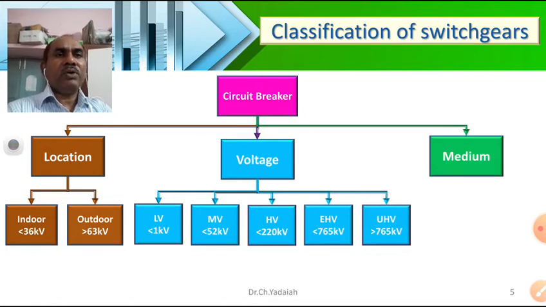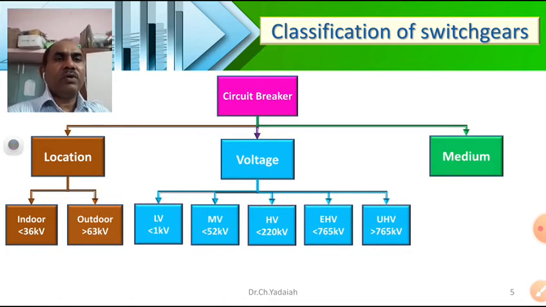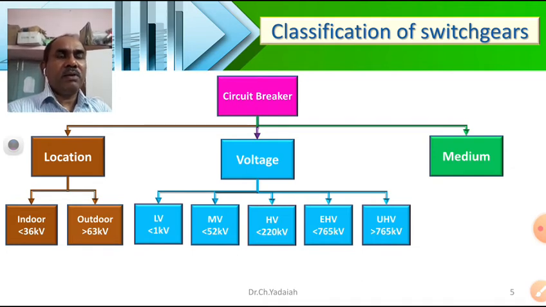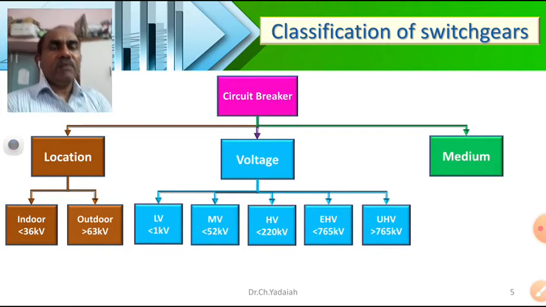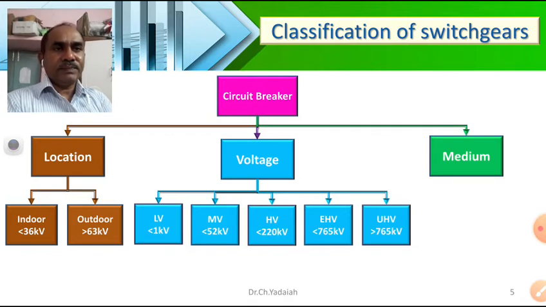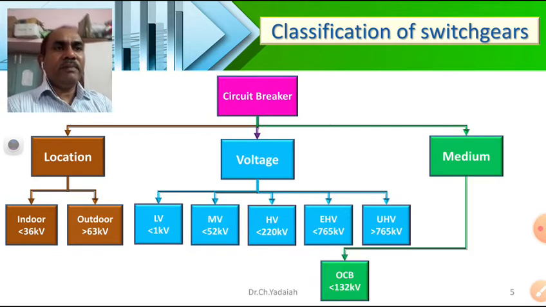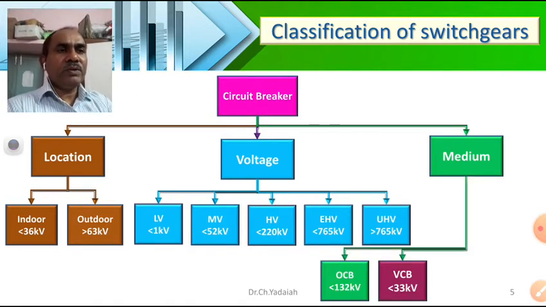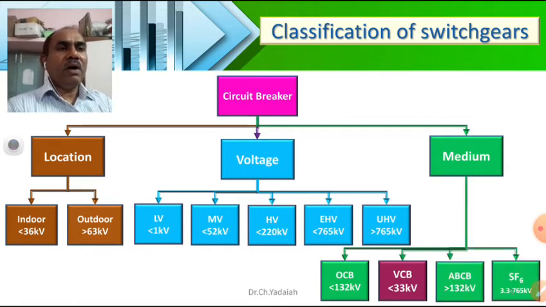Beyond these high voltage breakers, at 400 kV or 765 kV, we use extra high voltage breakers. And beyond this, greater than 765 kV, we use ultra high voltage breakers. And based on the medium: which type of medium you are going to use to nullify the arc.